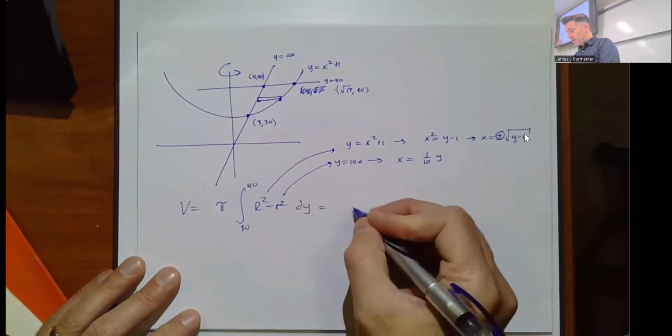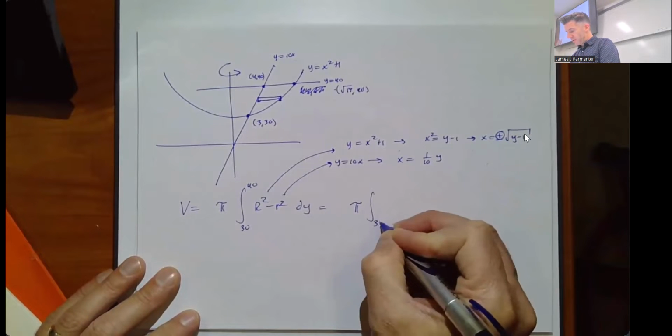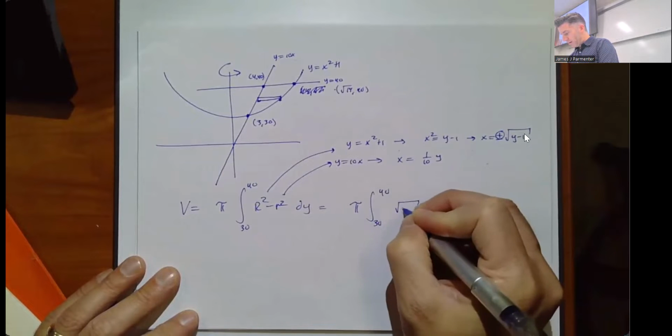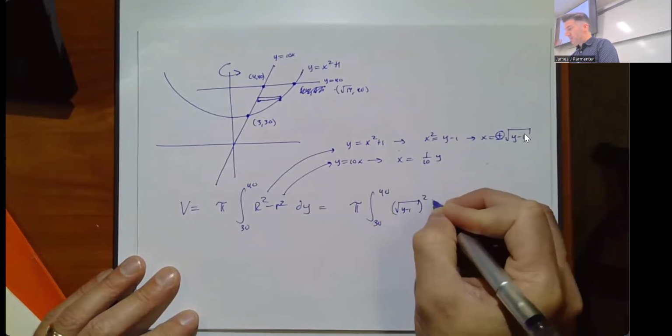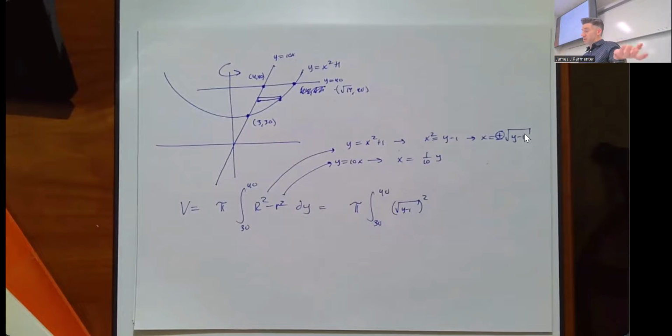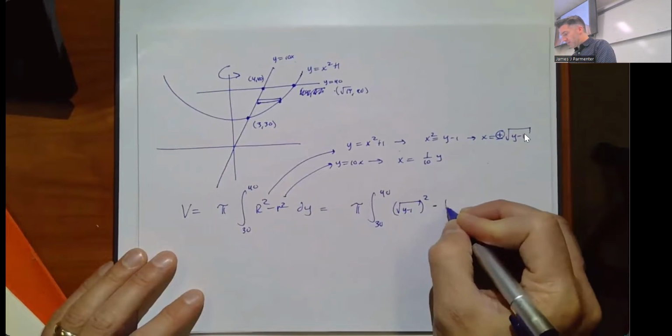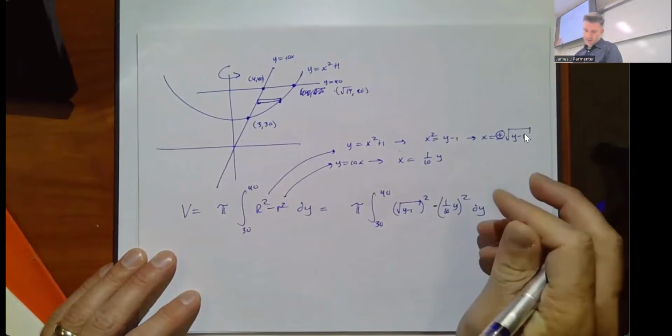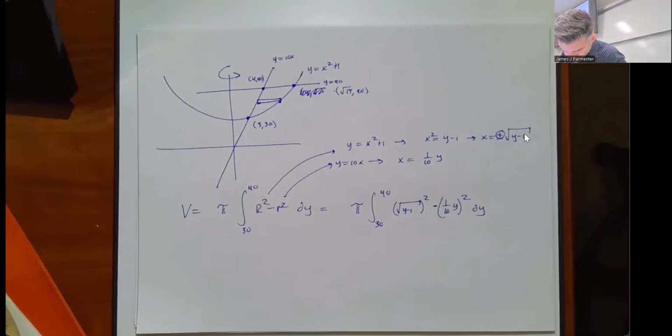So this would be pi times the integral from 30 to 40 of the square root of y minus 1, squared. I guess it wouldn't really matter whether it's positive or negative because we're going to square it in these examples. Minus, that's a much better question. Am I sure I read it right?